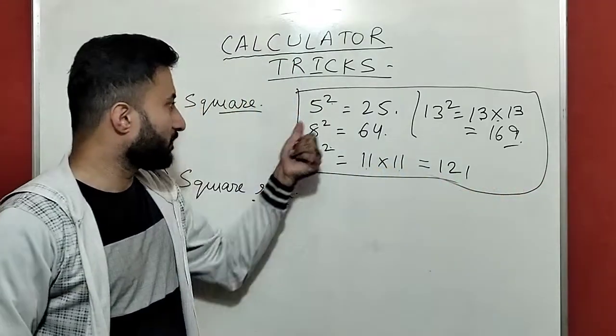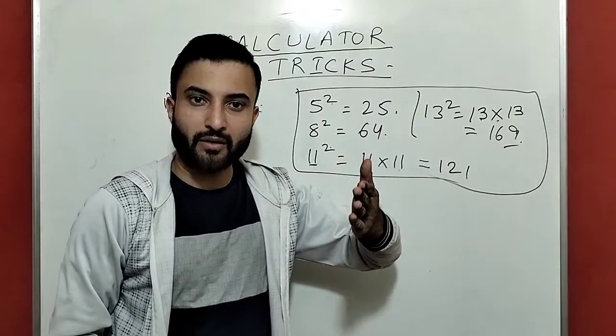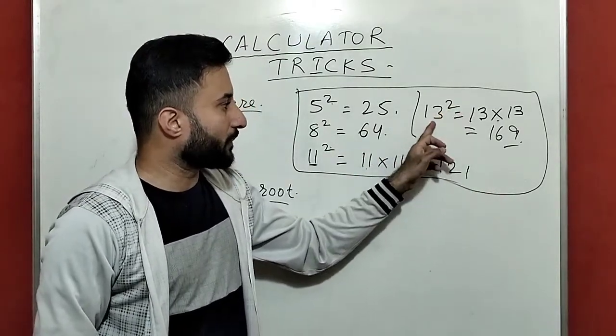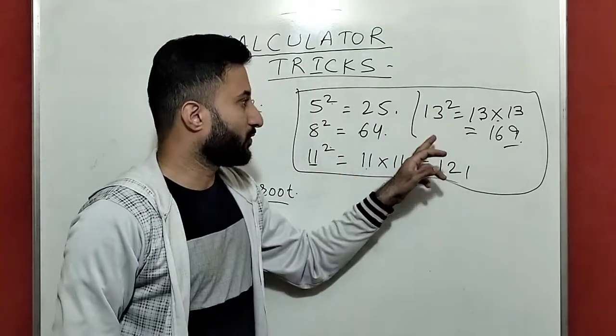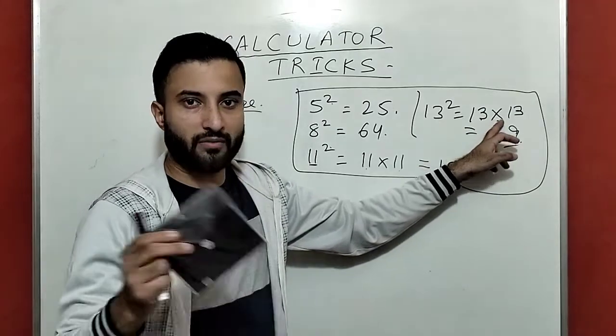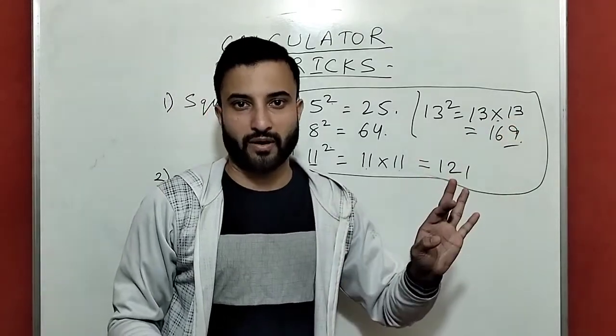So square means we multiply that number 2 times, like 13 square. We multiply 13 two times: type 13, into, then 13. Equals 169. This is the square.